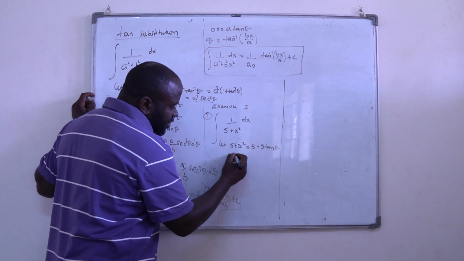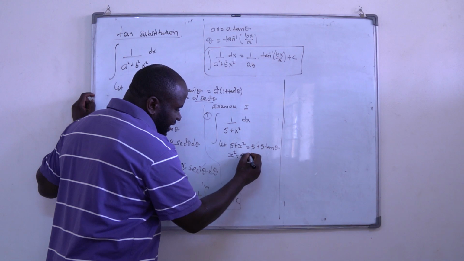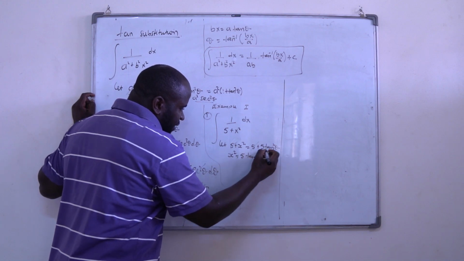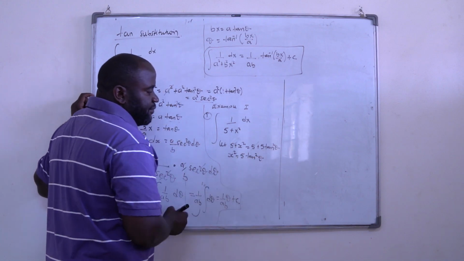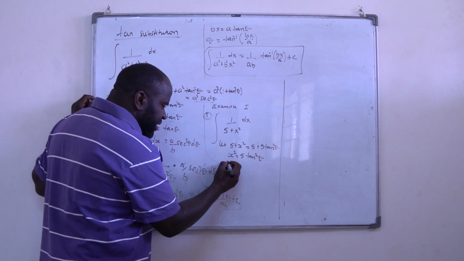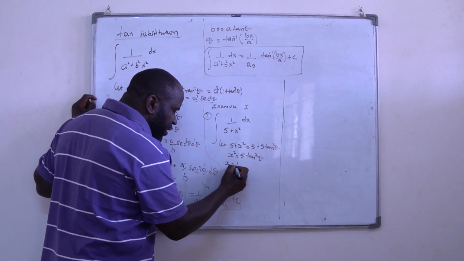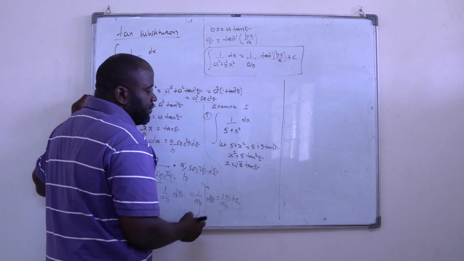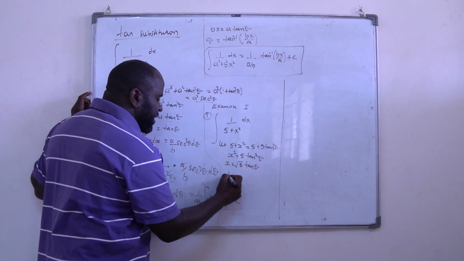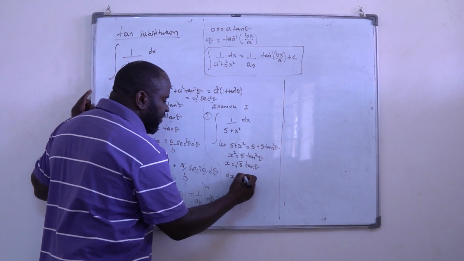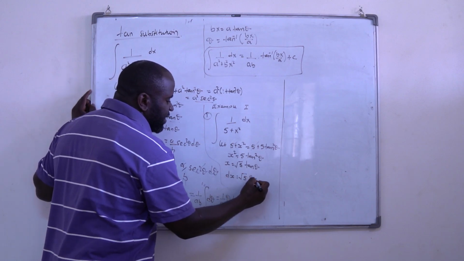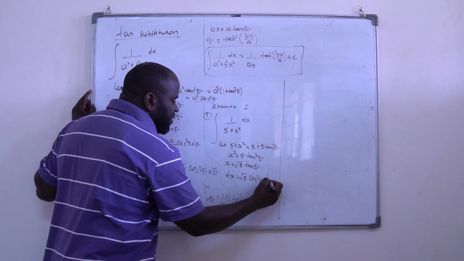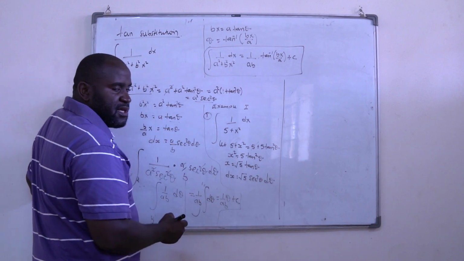Then x squared is 5 tan squared of theta. It is from this note that x alone will be the square root of 5 tan of theta. When I differentiate, I'll get dx is equal to root of 5 sec squared of theta, having differentiated this with respect to theta.